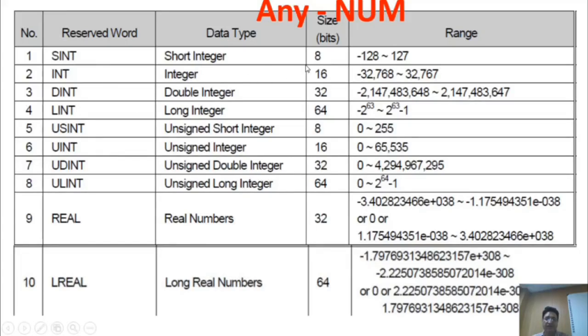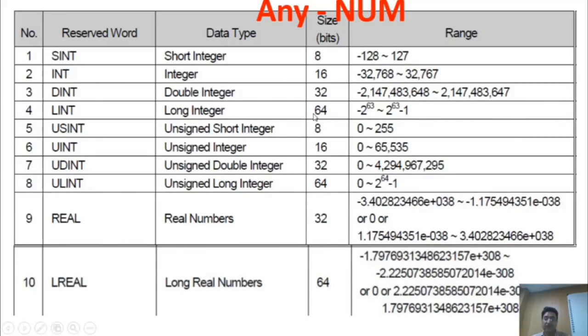Short integer is an 8-bit data type that can store values from -128 to 127. The integer data type is 16-bit and can store values from -32,768 to 32,767.